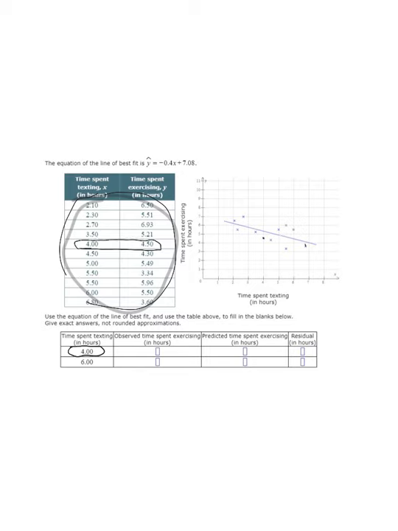The time spent exercising, the observed one, is 4.5. Now, to get the predicted time spent exercising, I'm going to have to use the line of best fit equation and plug that 4 into that equation.